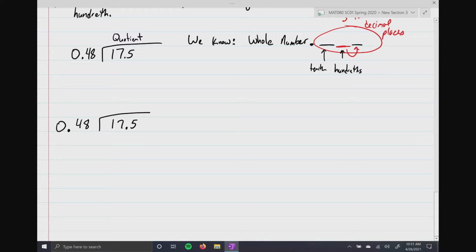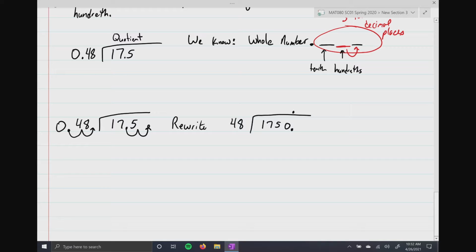First thing, I set it up. I note that I have to move the divisor by 2 decimal places, which means I've got to move my dividend by 2. So I rewrite it as 48, and it goes into 1750 with a decimal.